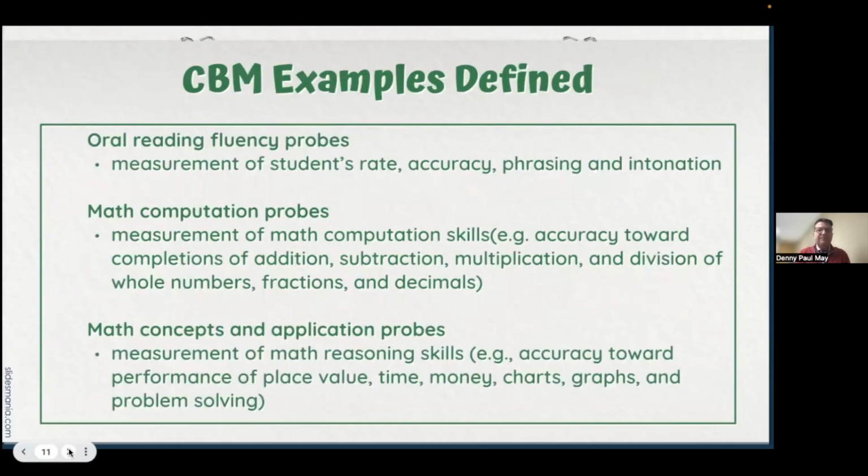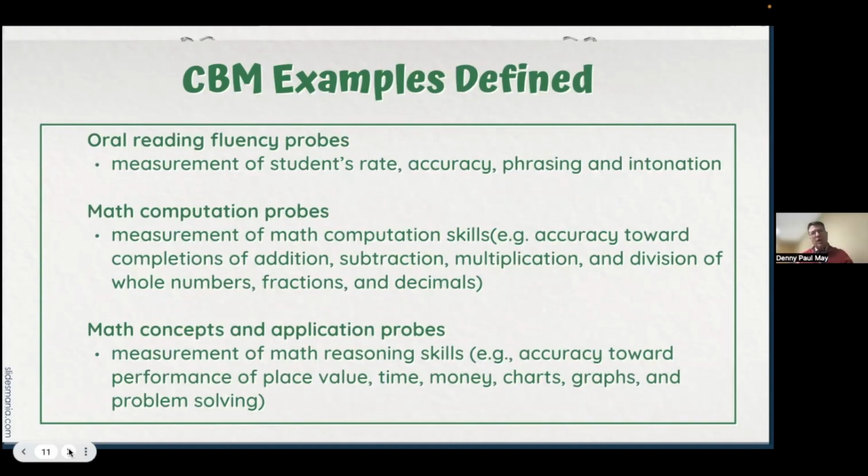And so you can see here, those are the three: oral reading fluency. And this is straight from the guidance document. A measure of students' rate and accuracy and phrasing and intonation is oral reading fluency probes. And how fluently you can read is really an indicator later of, it's going to have a great impact on your comprehension. And then math computation probes: how accurately can we complete addition, subtraction, multiplication, division?